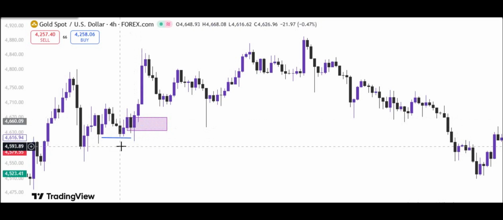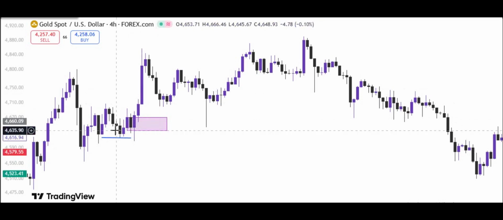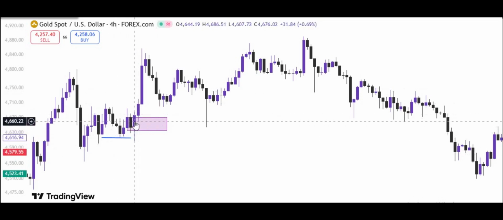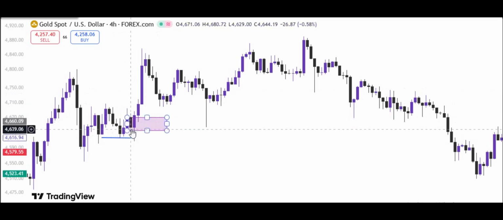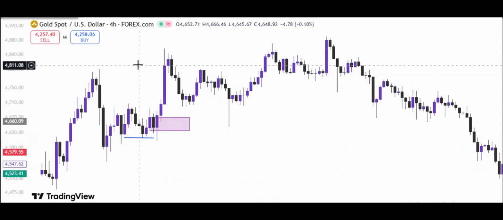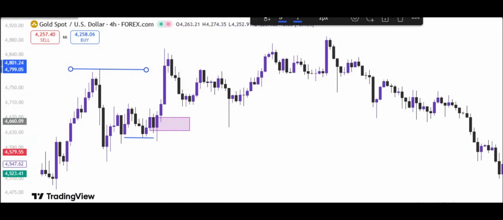Now, number 3, which to me is the most important, is the market direction. I want to see if the order block aligns with the market direction. Let's see if we can find something like that. Okay, even this one, you can see this is a bullish move from this point.